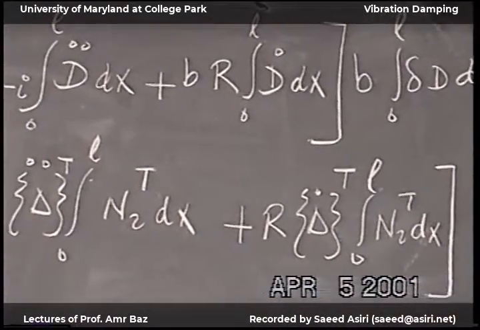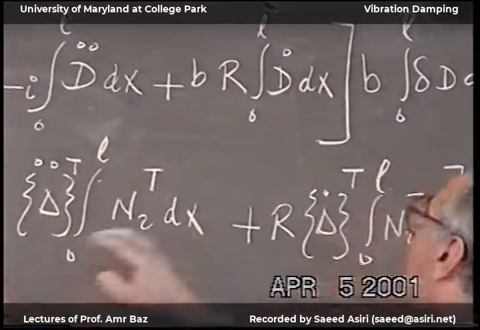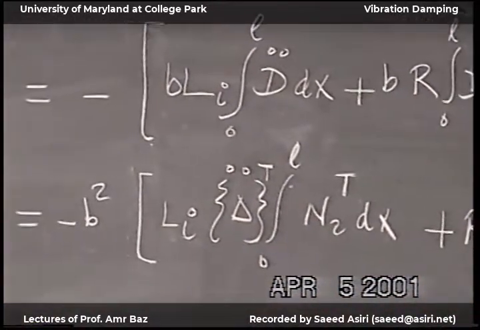And now what is left, I took this b here, so I have b squared. So I still have this integral.